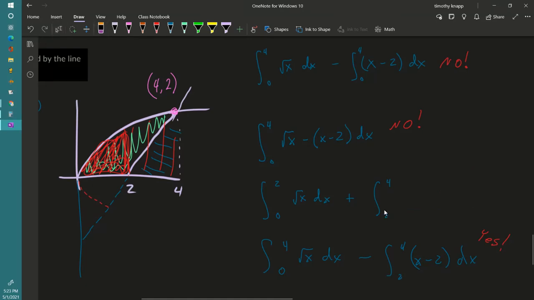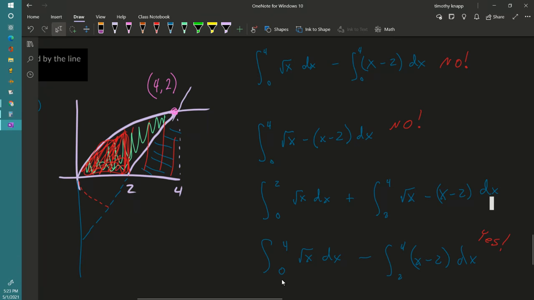Add in the area, which would be the upper function minus the lower function, but only from 2 to 4, which I have to fix. It's going to be root x minus 2 dx. This one would work because this here is going to give me this green area that I'm showing you right now. And if I add that to this, then I'm okay. So this goes from 0 to 2 and then from 2 to 4, all right?